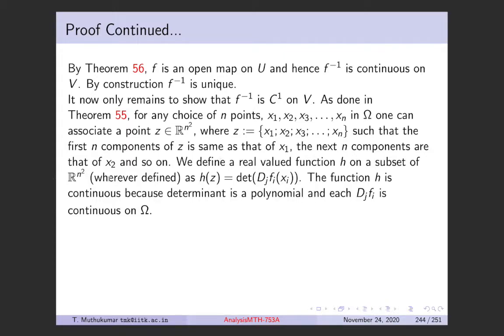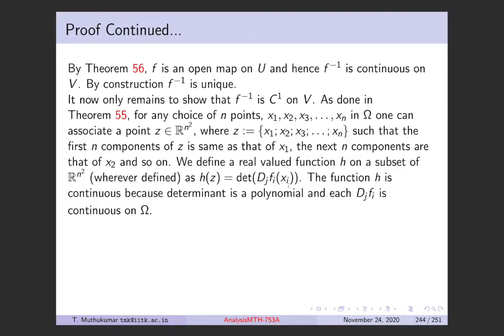So the domain of h will be any point such that each of its n-tuples should belong to omega. Only then will this definition make sense, because fi of xi should make sense when xi is in the domain omega. So there is an appropriate subset in R^(n squared) on which h is defined, and h of z is defined as the determinant of that matrix.